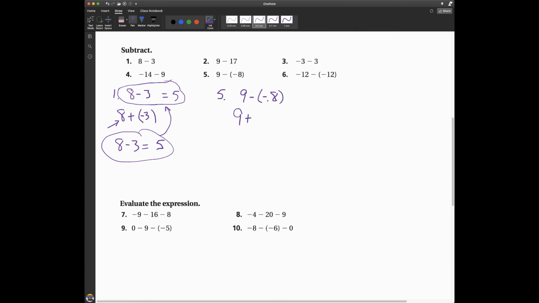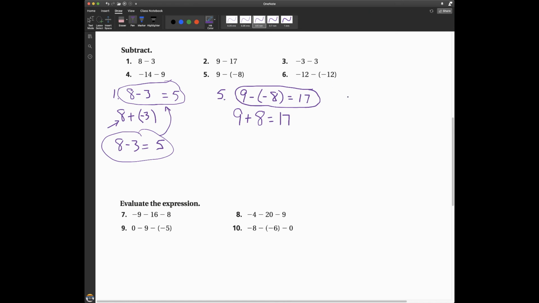And then I change the second integer, I write the opposite of that integer here. So the opposite of negative 8 is positive 8. And you already know what 9 plus 8 is. 9 plus 8 is, very good, 17. So then 9 minus negative 8 equals 17. Okay, and then you're good.